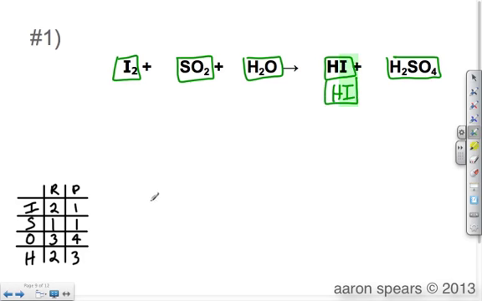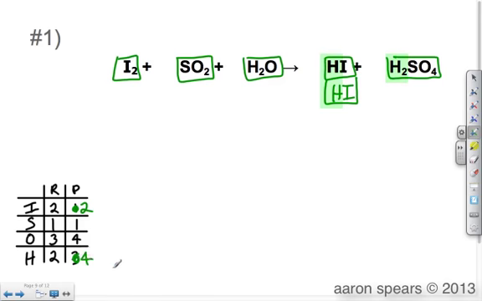Now I have 2 iodine atoms on the product side. But I'll notice that this box of hydroiodic acid not only contained iodine atoms, it also contained hydrogen atoms. So I need to readjust my list to account for this additional hydrogen that was added. So on the product side, I now have a total of 4 hydrogen atoms.